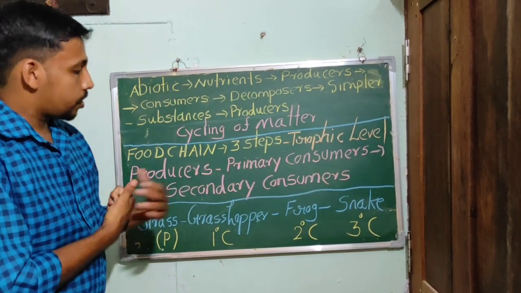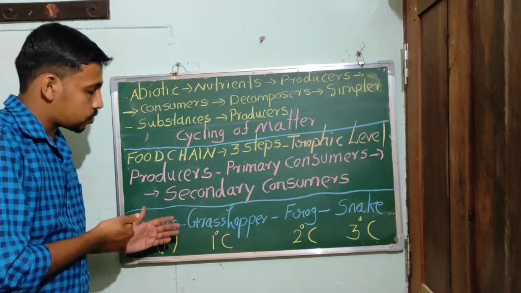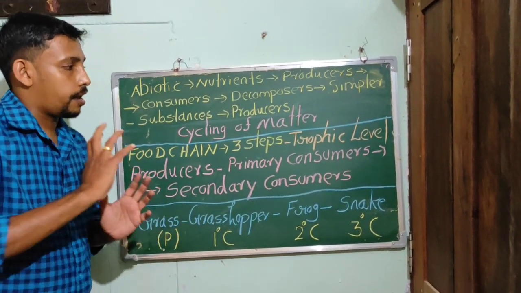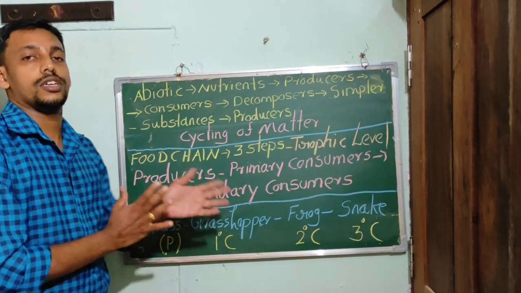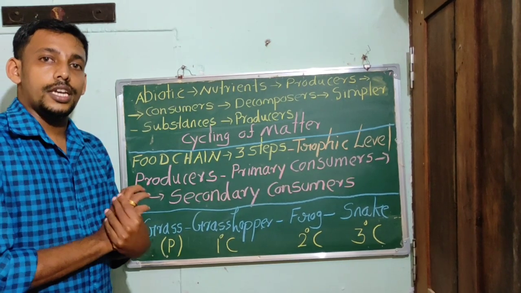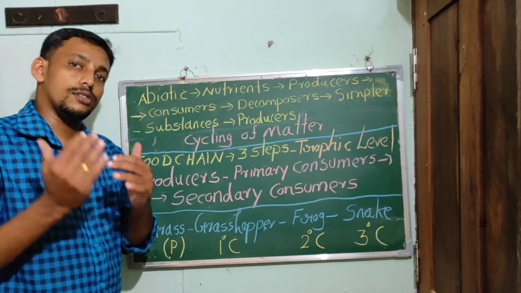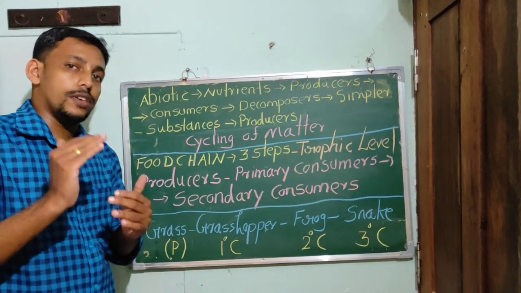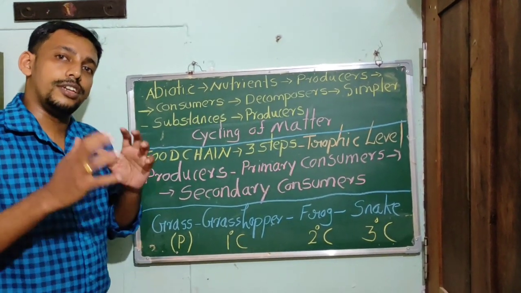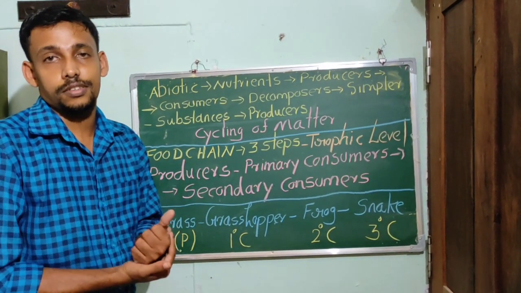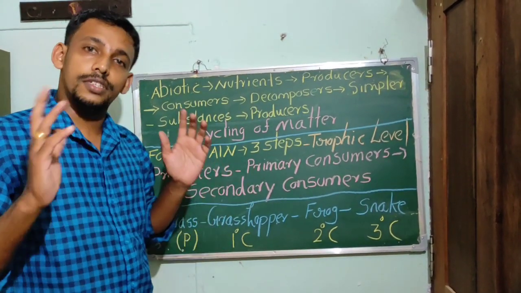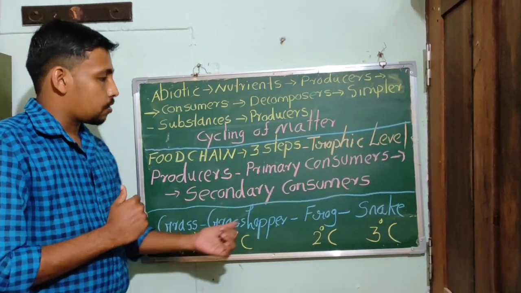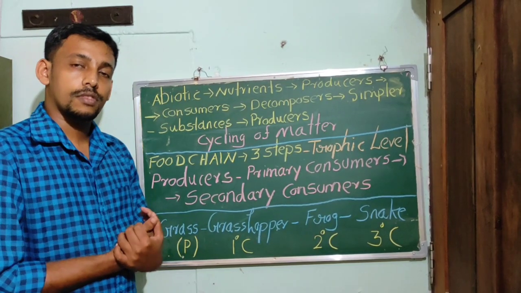Different orders may be there, and through this order a flow of energy can be seen. Depending upon the nature of the ecosystem, there may be different types of food chains. This type of food chain can be seen in our surroundings.